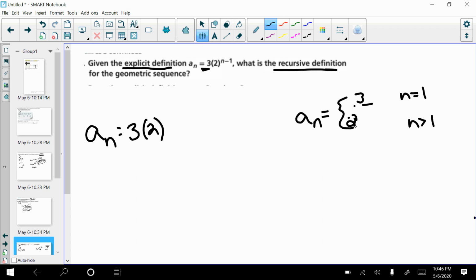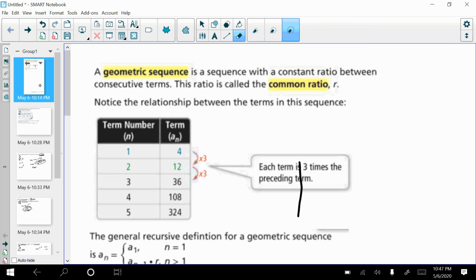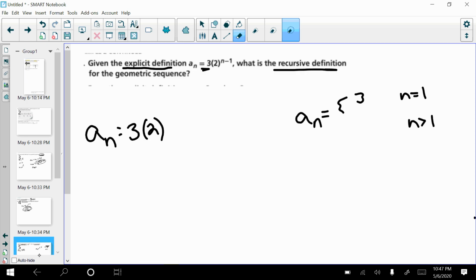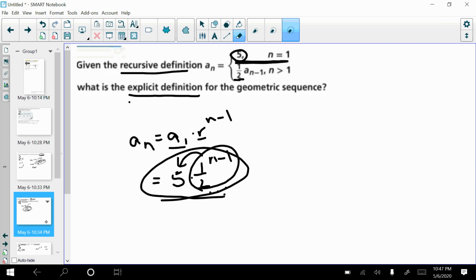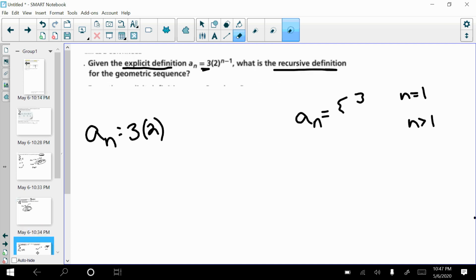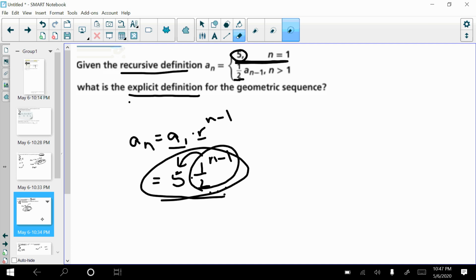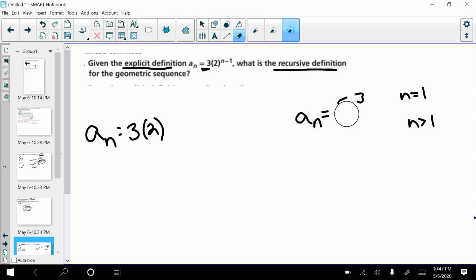So it would look like 2 times the term in front of it, sorry.